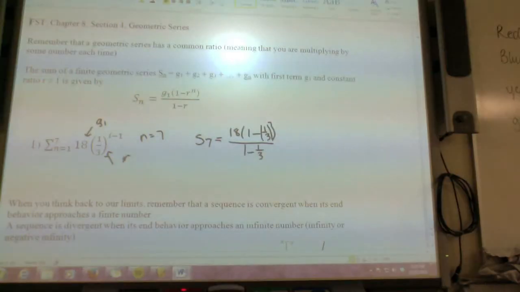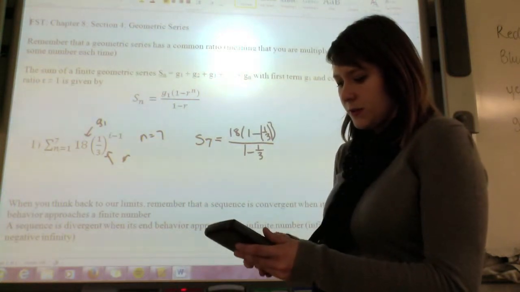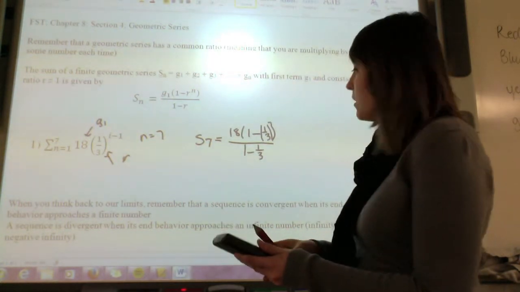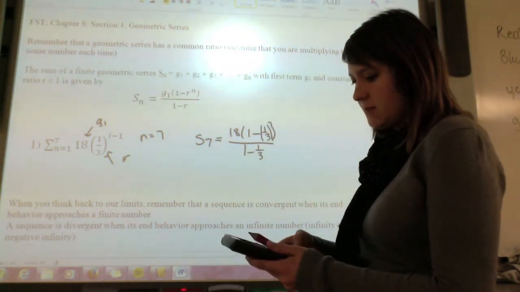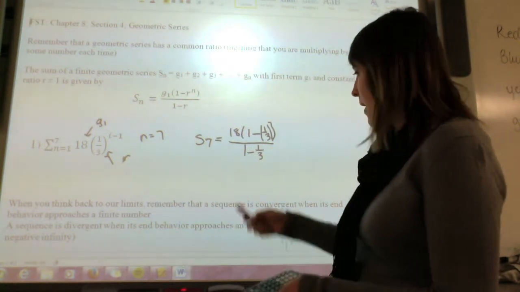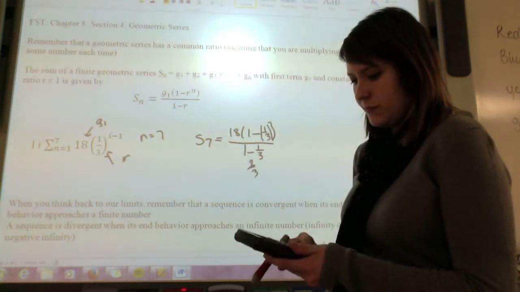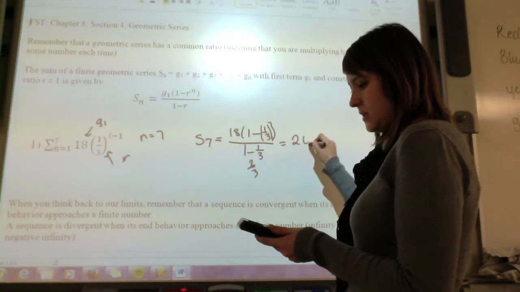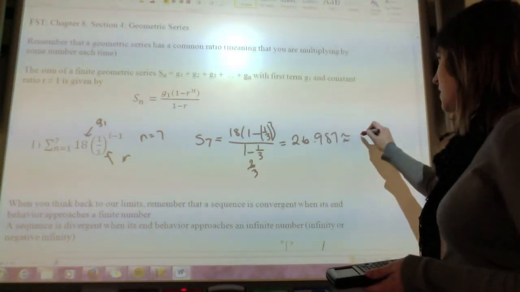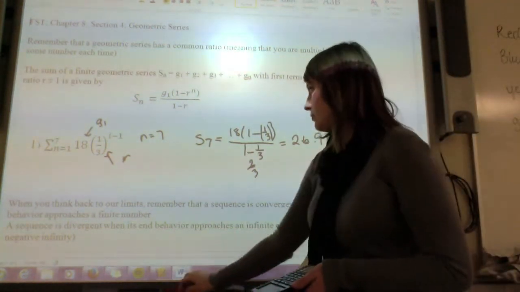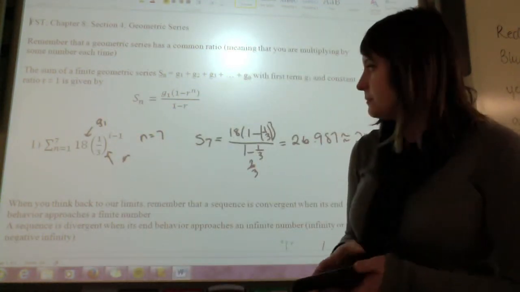So, plugging that into my calculator, I do 1/3 to the 7th power, I do 1 minus that answer, take that number times 18, and then I divide that by 1 minus 1/3, which is 2/3. I'll end up getting 26.987, which means that the sum of these terms is approximately 27. So, once you add all those up, you will get approximately 27.